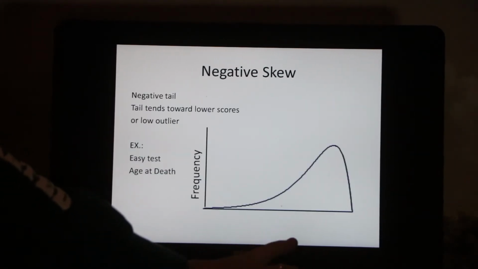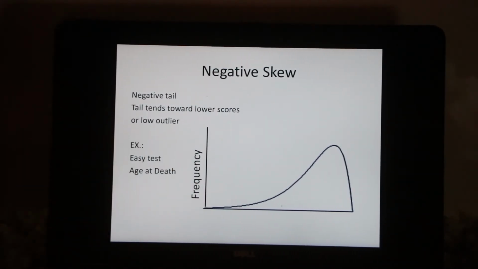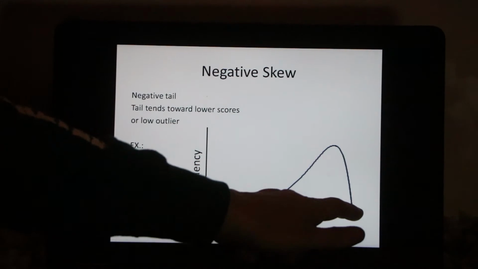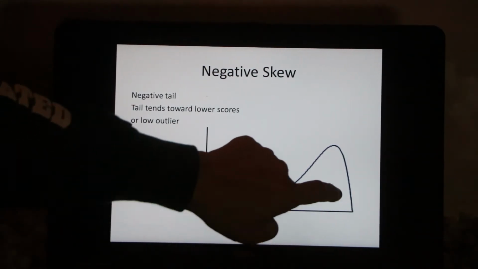Okay, let's look at an example of negative skew. Negative skew is the exact opposite. It's where you have most of your data at the higher end with a couple of cases down at the low end. Let me give you a few examples. If you had a really easy test, most of the people's grades would be up here in the A pluses, or near 95%.